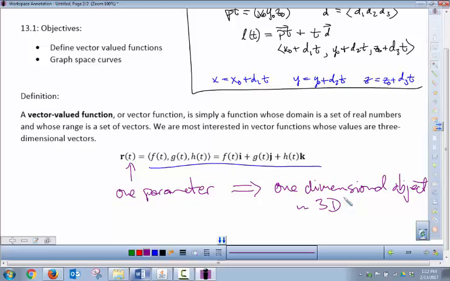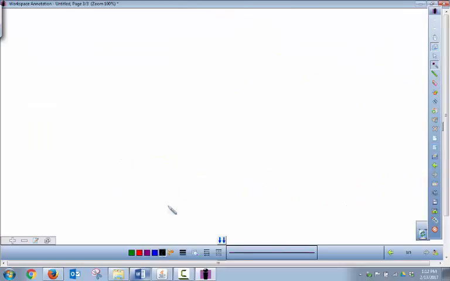Okay. So let's take a look at some examples. And probably the most popular first example of this is this graph. We generally use r to represent a curve, and then it's a vector-valued function, so it's a vector curve, so that has an arrow on top.